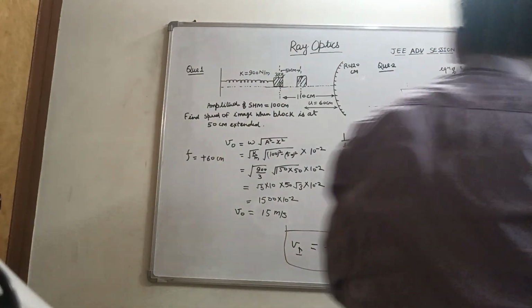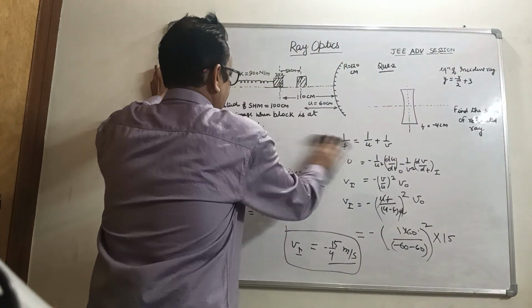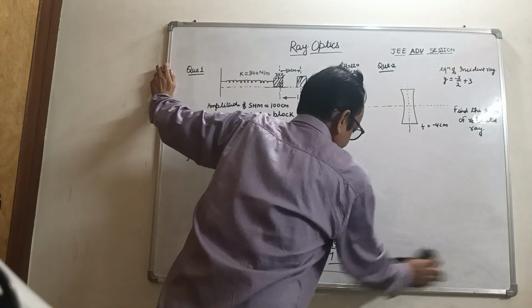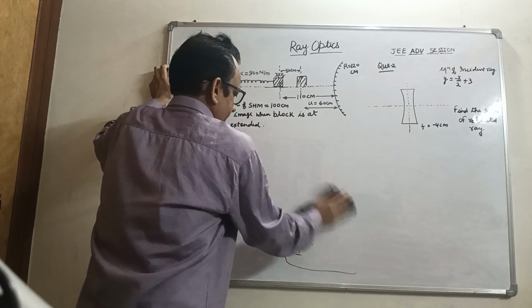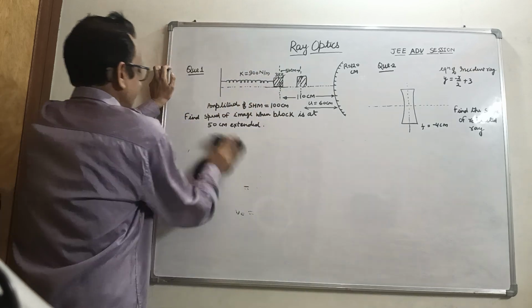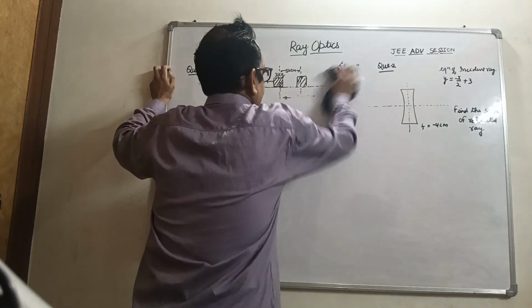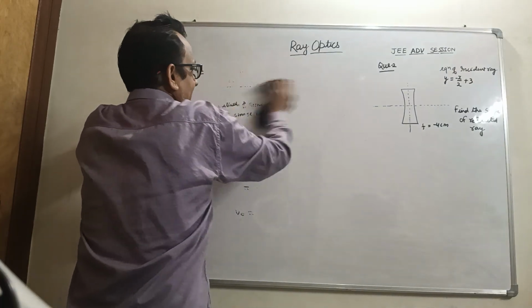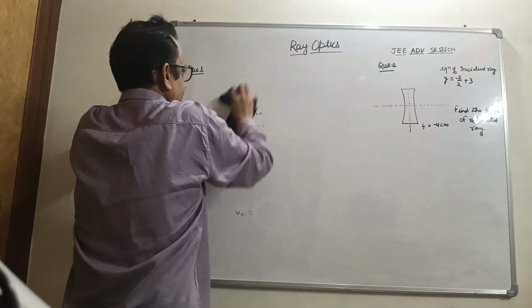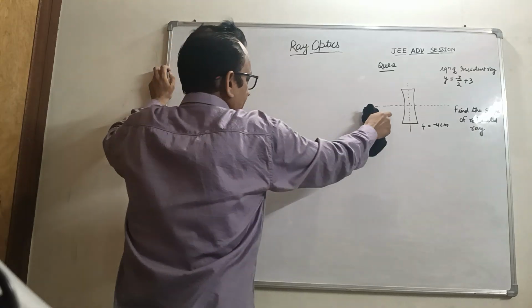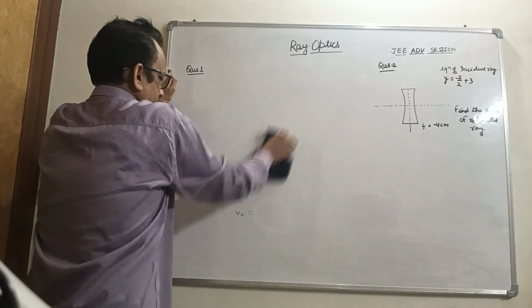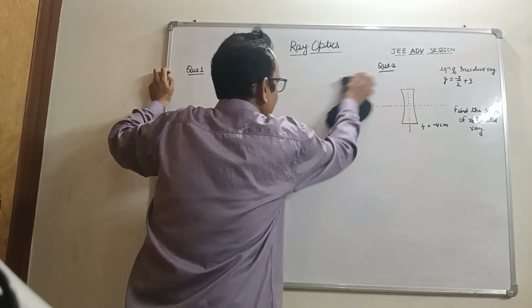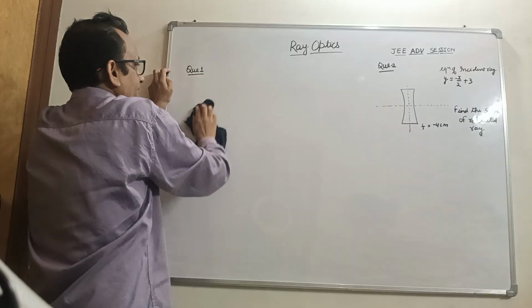In the second problem, a concave lens is given, and its focal length is minus 4 centimeter.